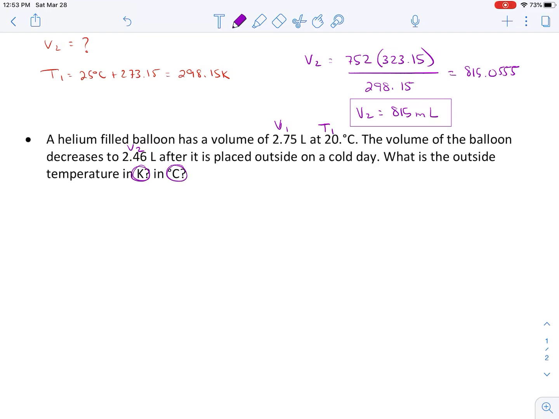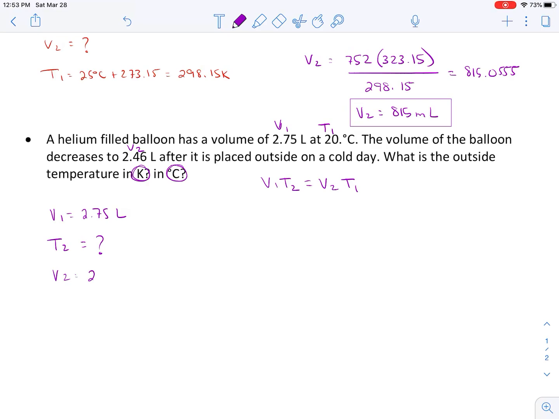All right. So we've got V1 T2 equals V2 T1. Remember to get those switched so we don't mix those up. V1, our first volume, is 2.75 liters. T2 is what we're looking for. That's our question mark. We're looking for the outside temperature in Kelvin, and then we'll have to do one more step to get to Celsius.